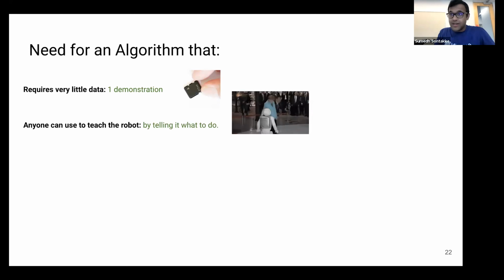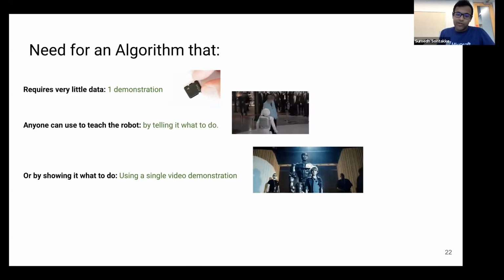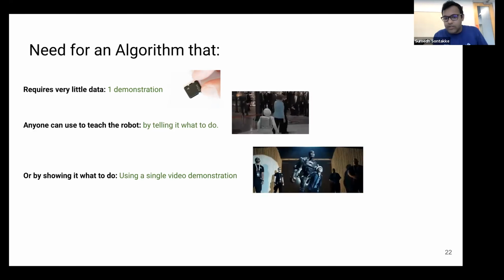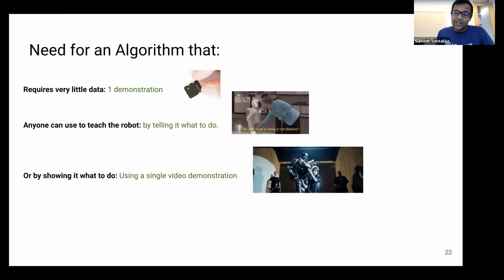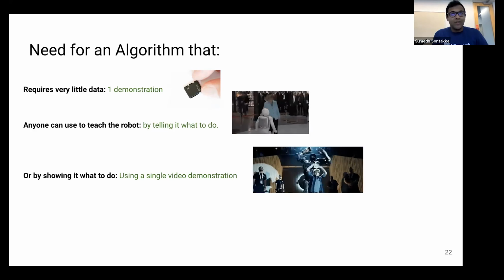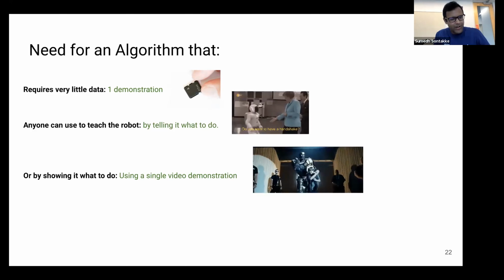Maybe a demonstration in the form of language, telling the robot what you want it to do, or by showing the robot what you want it to do, like a single video demonstration. And ideally, you would like it to be actionless, right? When you watch a YouTube video about how to do a task, you don't have action signals for that. You just have a video demonstration.